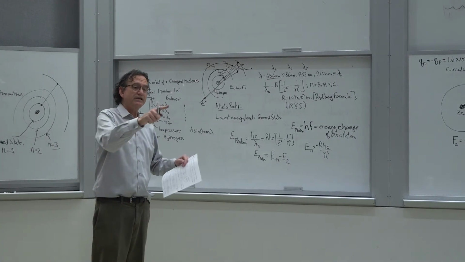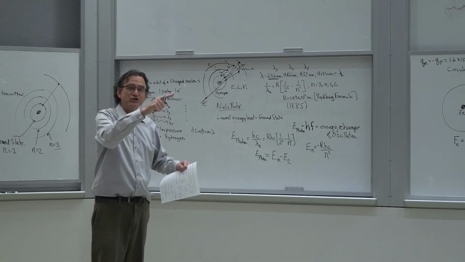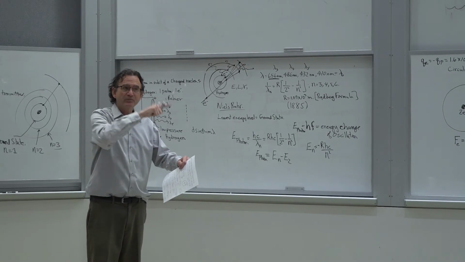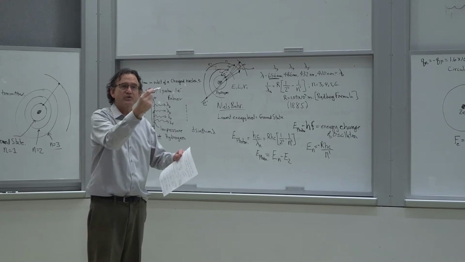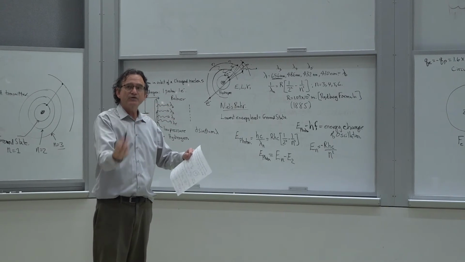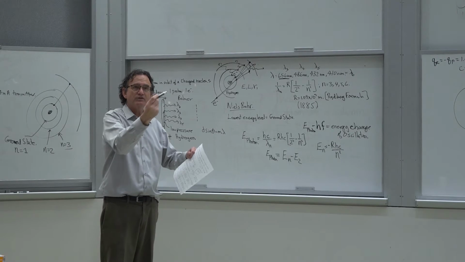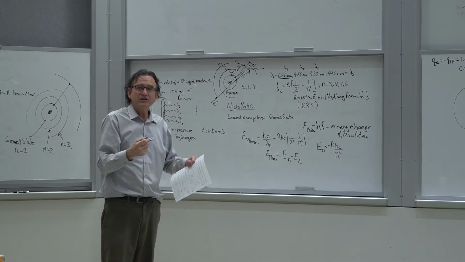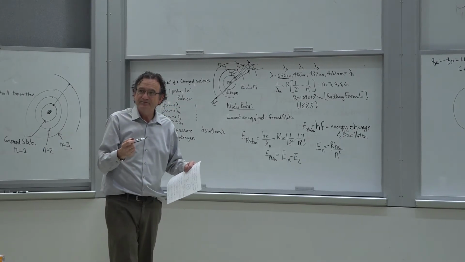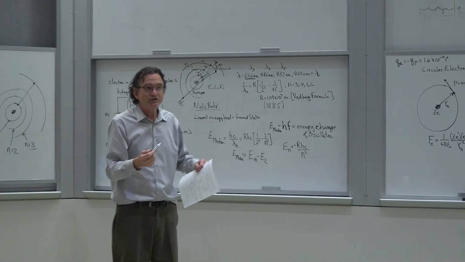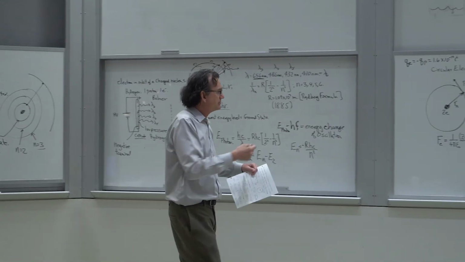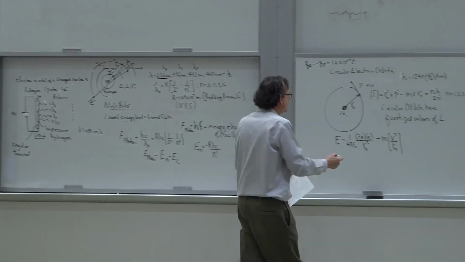Even though a particle is not changing its speed by virtue of going around in a circle, it is accelerating because its vector direction is changing. So the velocity vector changes with time, therefore there is acceleration. The magnitude doesn't change, but the direction changes. And a simple derivation shows that this is what we have.